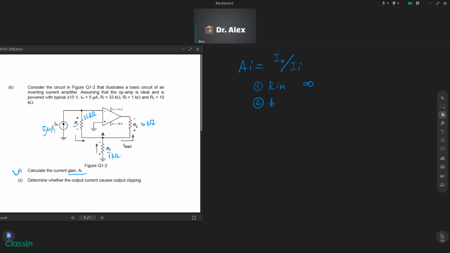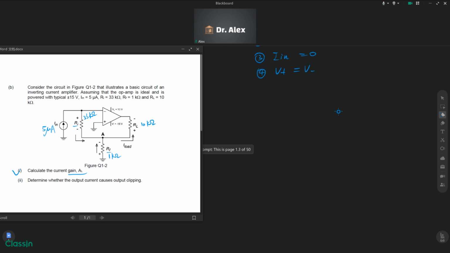Second, the output resistance should be zero. The third one, there's no current that can flow into the operational amplifier. And the last one is V plus equals V minus. The potential at each terminal should be the same. All right, don't forget these four features, okay?